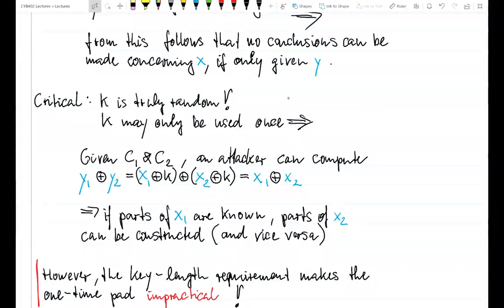So why is it so dangerous to reuse a key? So let's assume, let me replace that.